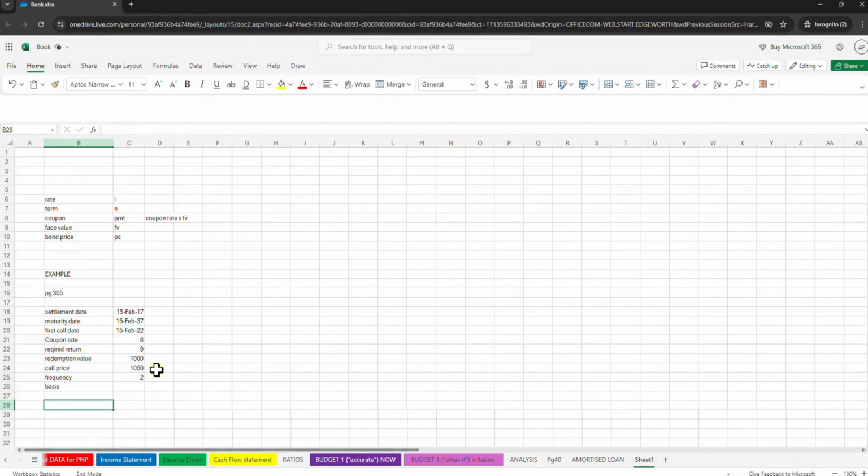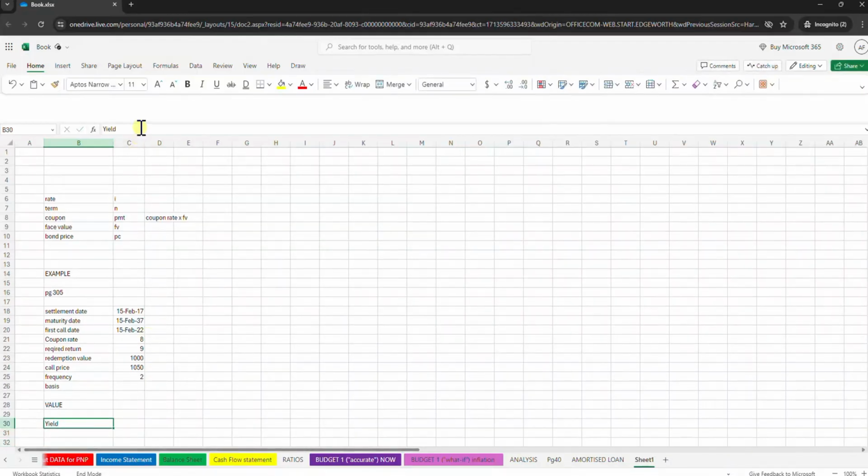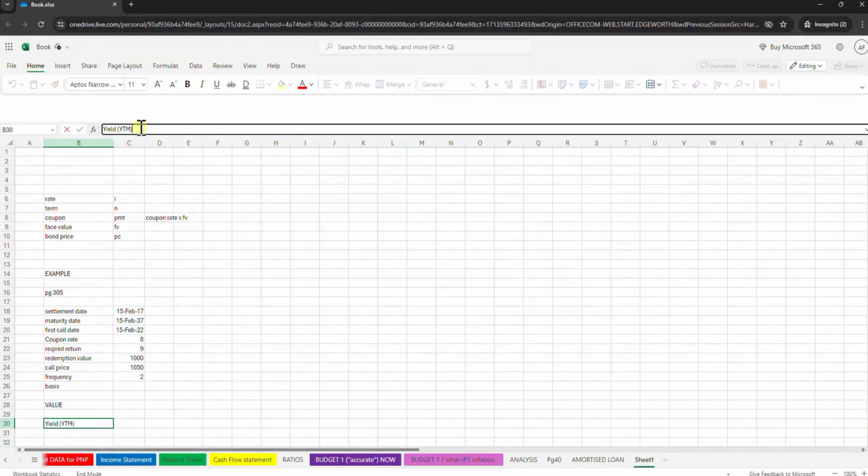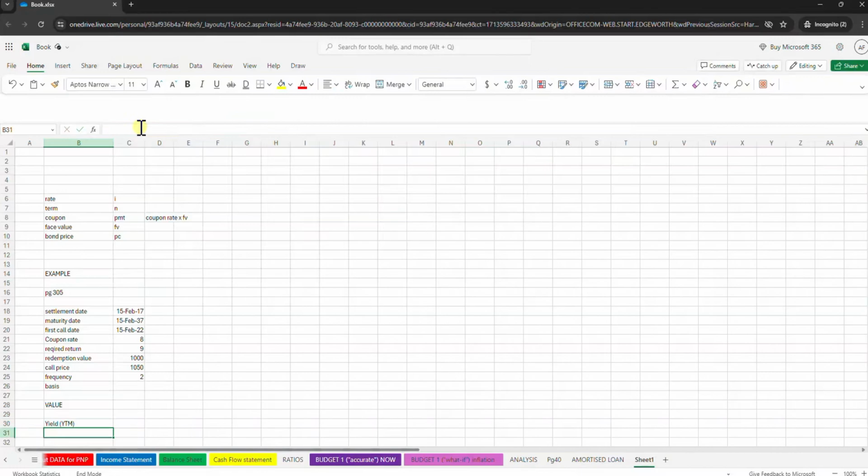Okay, and then they're looking at value. All right, and then you've got the yield. Okay, the yield. The yield, remember, is the current rate in the market. The yield to maturity. Yes. Okay, 9%, 12%.